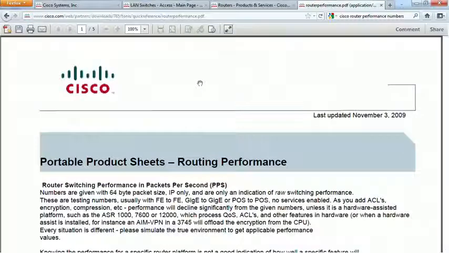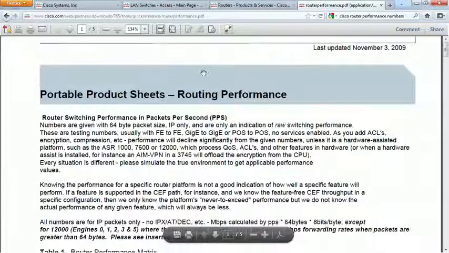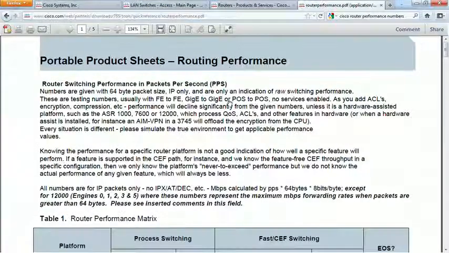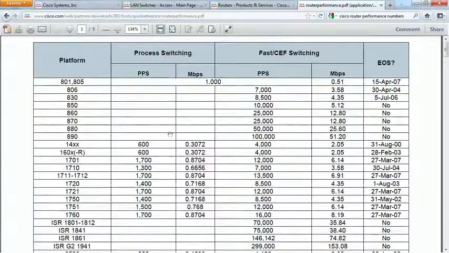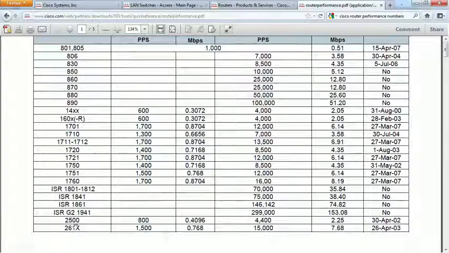It is this document here, Portable Product Sheets Routing Performance. And basically what this talks about is what are the different models of routers that they have and how fast can it send traffic. So this would give you an idea of how their numbering convention works and which routers are going to be better than the other ones.